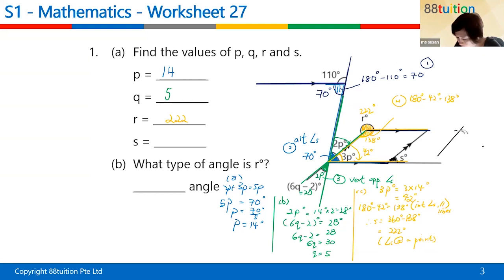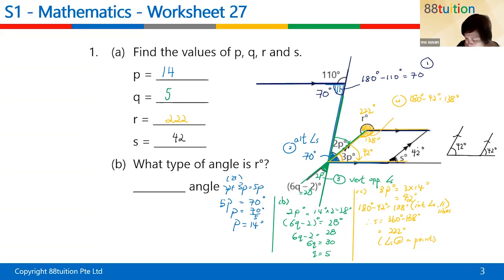I draw that again in a smaller scale. Now, can I know that this is 3p, so 42 degrees? This is a parallel line, and here will be 42 degrees. I call these corresponding angles because of the parallel lines. So this one will be left with 42 degrees.